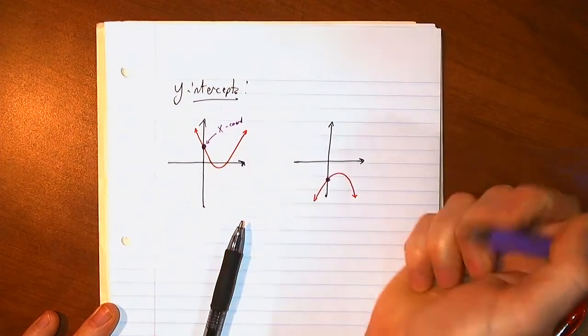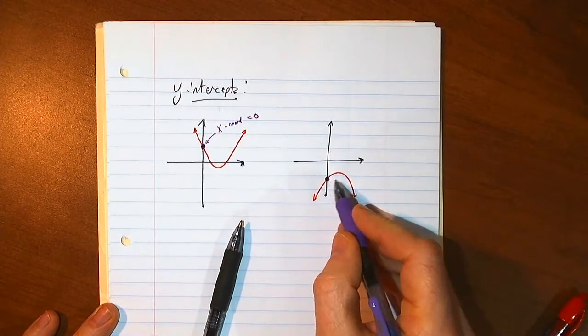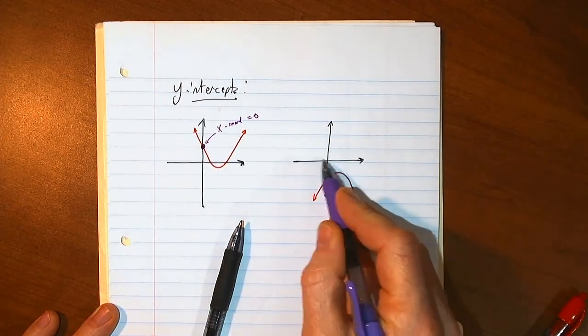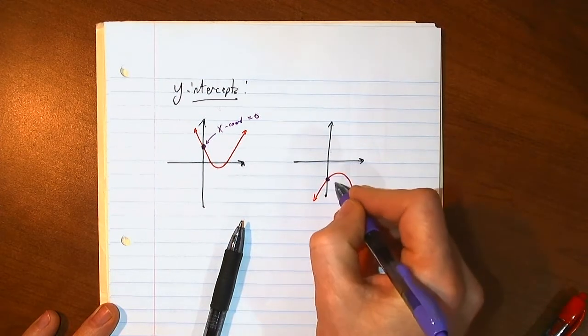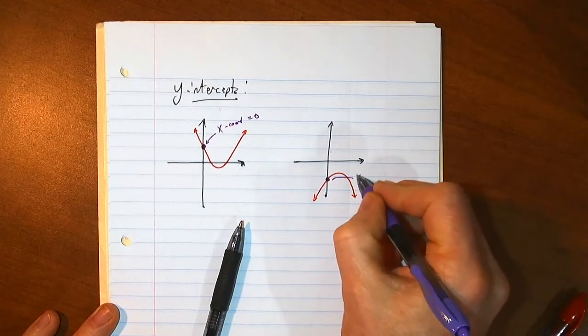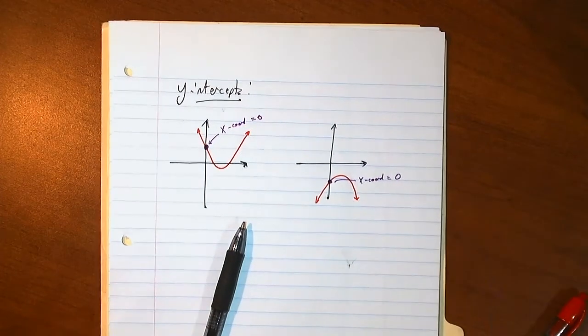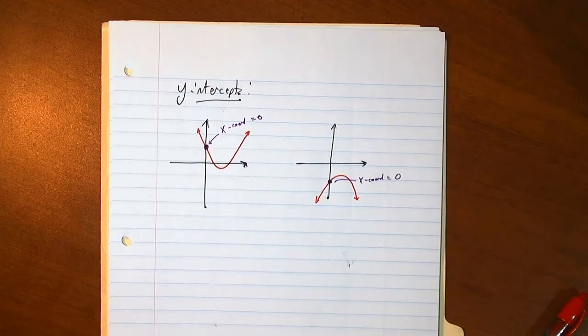Well, if I'm exactly on the y-axis, the x-coordinate is going to be 0. And that's true here too. I didn't move to the right or the left, I only moved down. So same thing, I'm going to have a negative y value, but the x value is going to equal 0. And that's always true for any point that's on the y-axis.